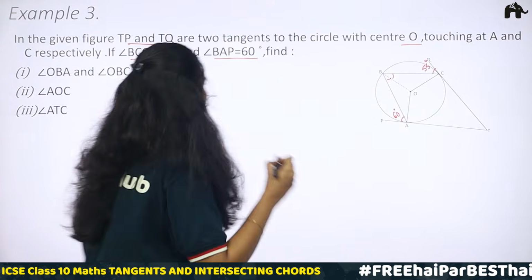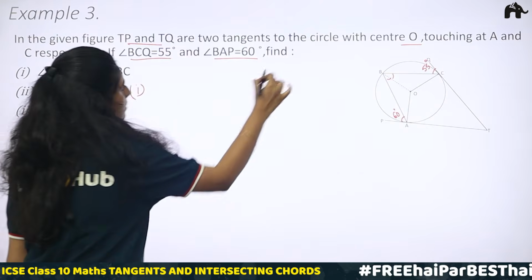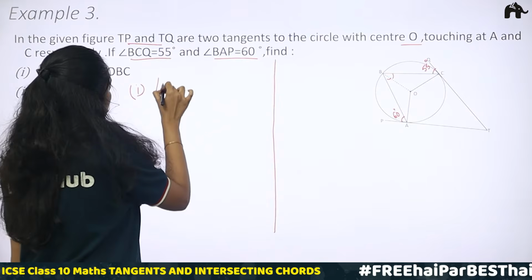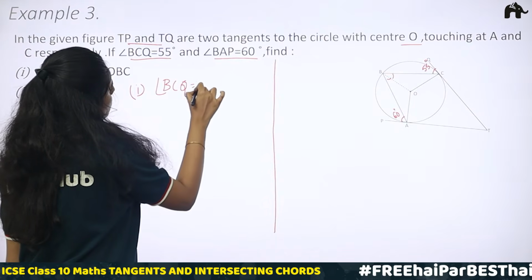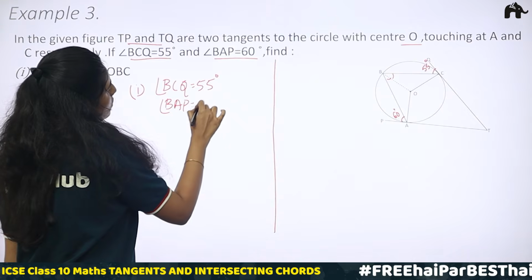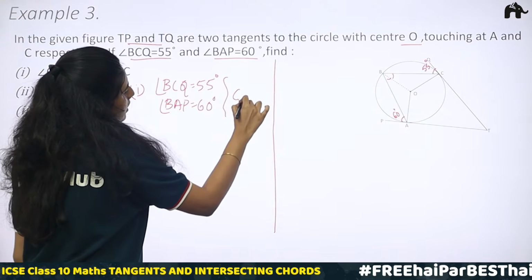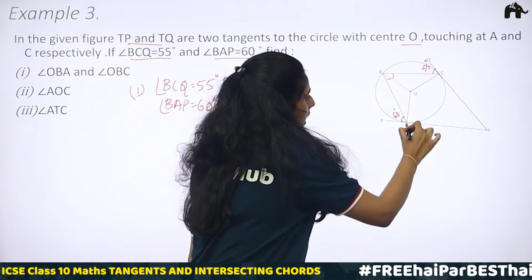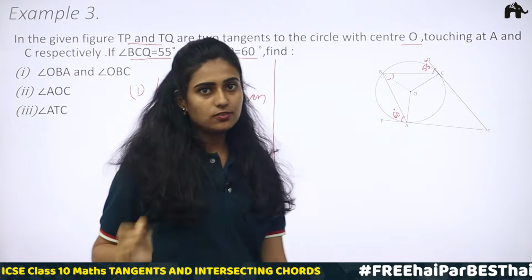Okay, let's start. Here it is given that angle BCQ is equal to 55 degrees and BAP is equal to 60 degrees. Now here OA and OC are the radius of the circle.